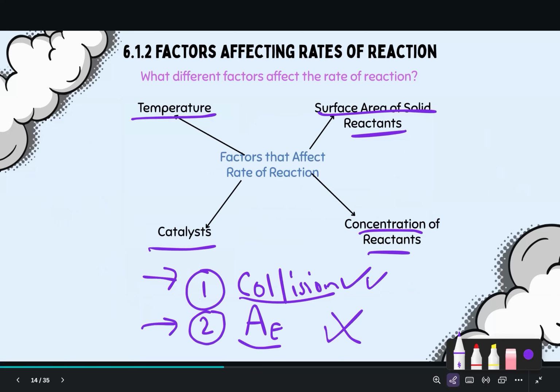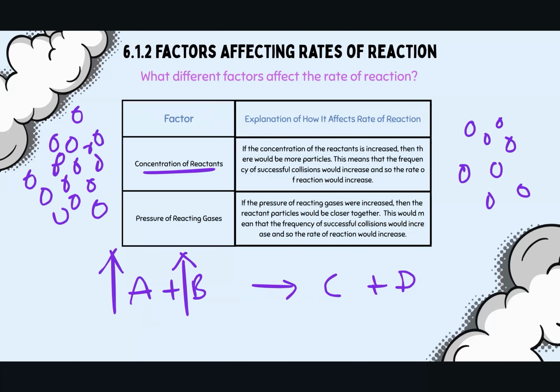We're going to have more collisions. So more particles means more collisions, and if there's more collisions, we're more likely to have a greater frequency of successful collisions, which increases the rate of reaction. So you've got to answer these questions quite logically. If you increase the concentration, it means you increase the number of particles. If you increase the number of particles, you have more successful collisions, and so the rate of reaction increases.